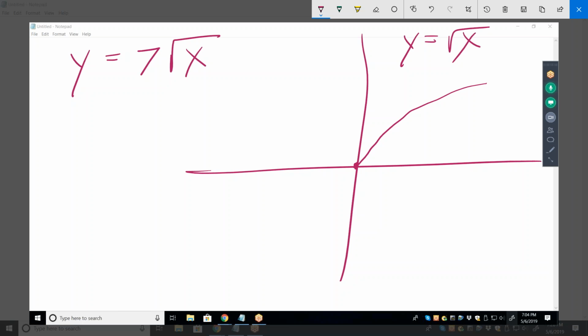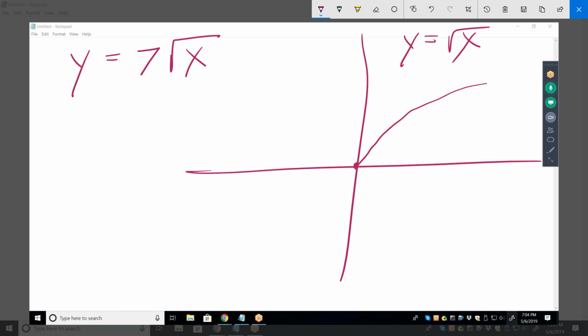Vertical. Okay. Is it a reflection? No, there's no negative signs. Either reflection, over the y-axis or over the x-axis, you've got to see some negative signs there.